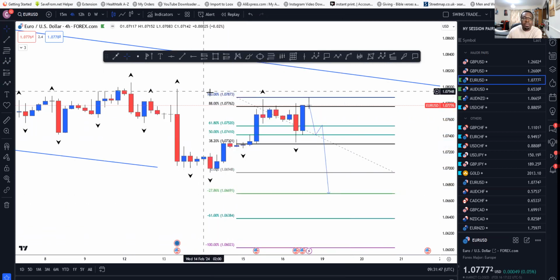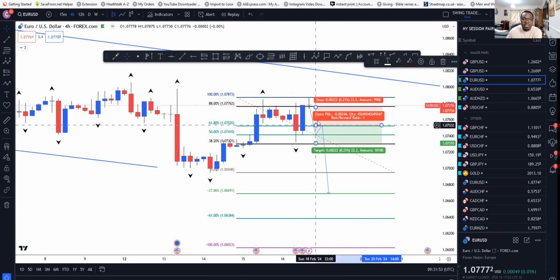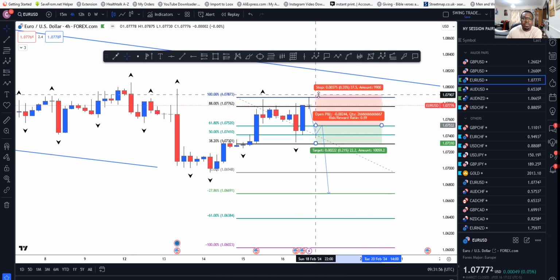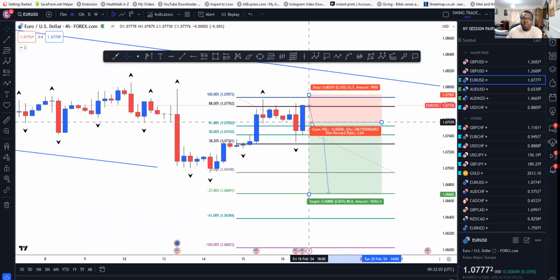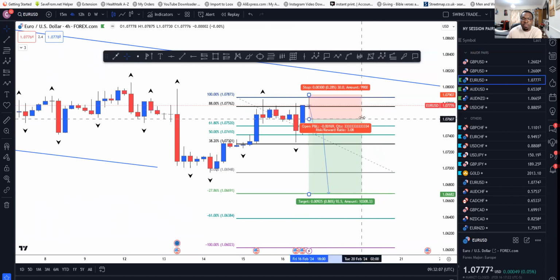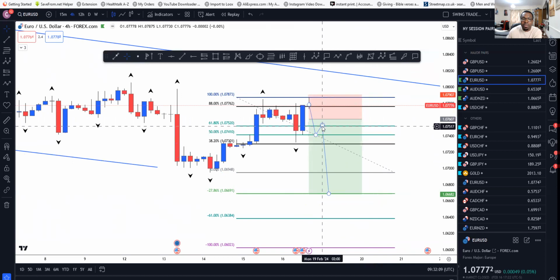So for me, I'm going to look for a short at this time, and I'm going to put my stop loss right there, and then target 1 to 3. And if it doesn't give me 1 to 3, I will adjust that to say within this level, I'm going to be expecting price to come up there and then break below that and then tap into that zone and then get me in.